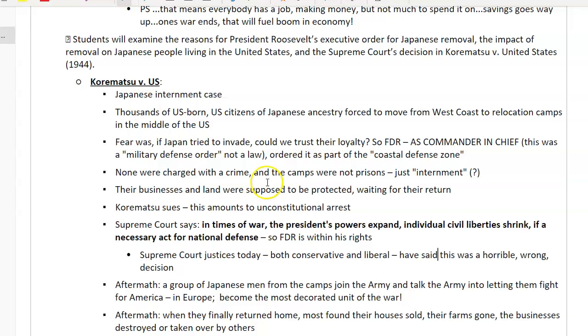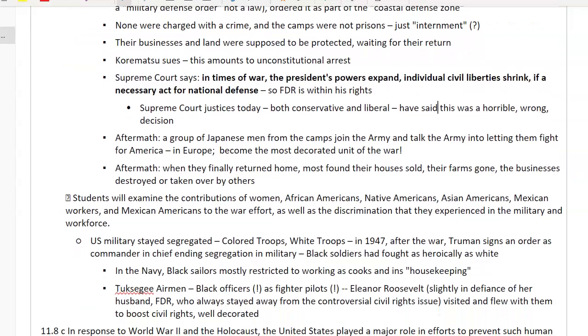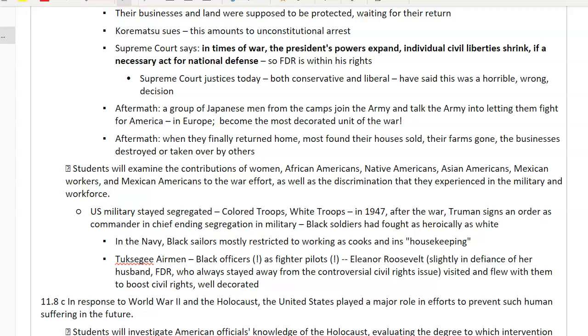Okay, well, this fellow Korematsu sues the United States government and says that this amounts to a kind of unconstitutional arrest. The Supreme Court said, in times of war, the president's powers expand, individual civil liberties shrink, and if an act is necessary for national defense, FDR is within his rights to do this.